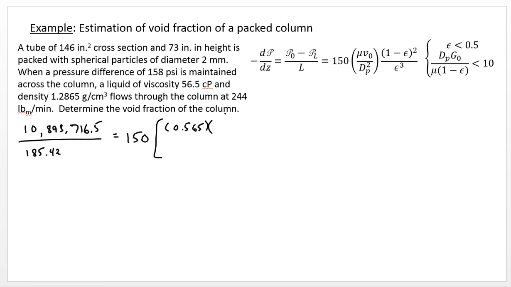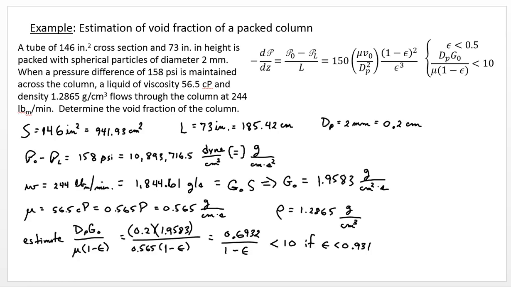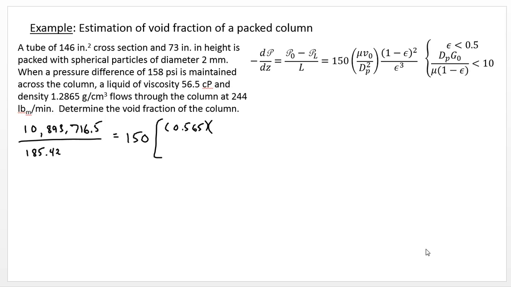V naught, if we go back to our previous work, we don't have the velocity directly, but G naught is equal to the superficial velocity V naught times rho.